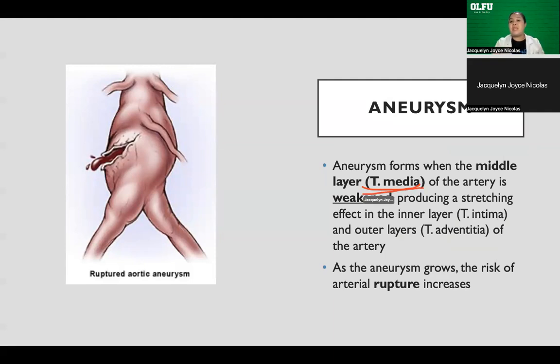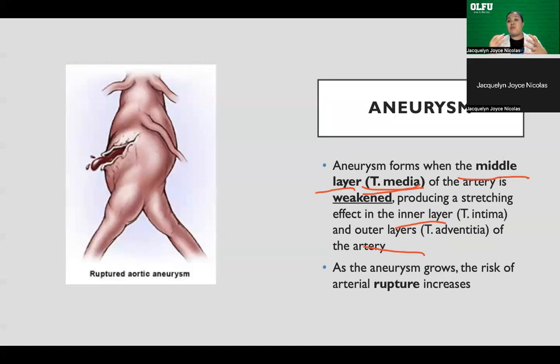That's why the tunica media of the artery is much thicker compared to the vein, because the demands within the artery are very high, because the blood there is flowing in a high pressure environment. So again, aneurysm can happen initially when the middle layer is quite weak. When it is very weak, of course it can no longer support, and that will stretch the inner layer and the outer layer. And again, there is only a specific threshold.